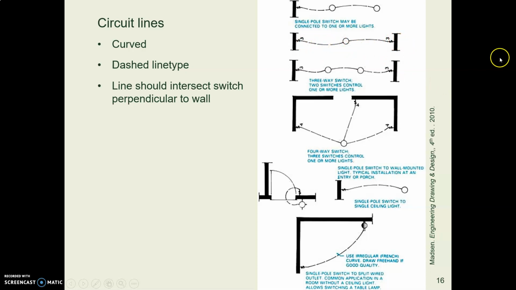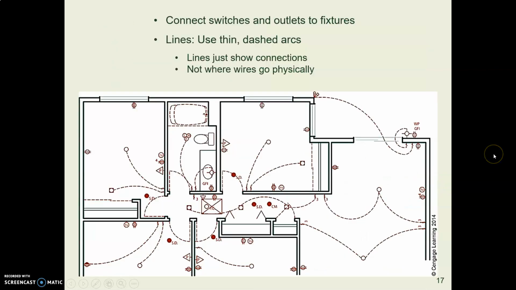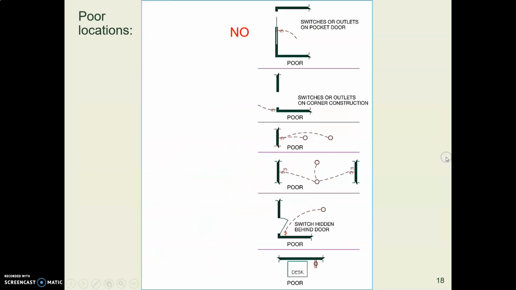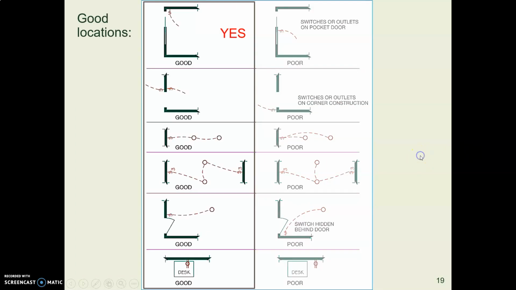So curved and dashed, they stand out right away as wire. And we use those curvy lines to connect things. And that's all we're telling the electrician. Here's the connection. Here's our book showing us what not to do and what to do. Yay, these are good.